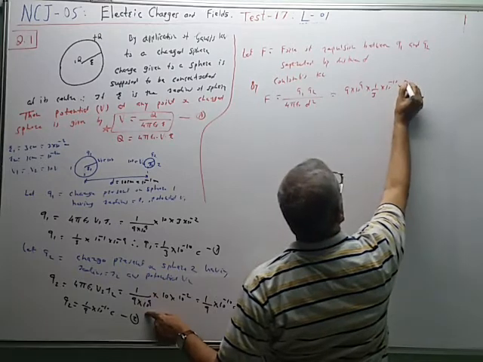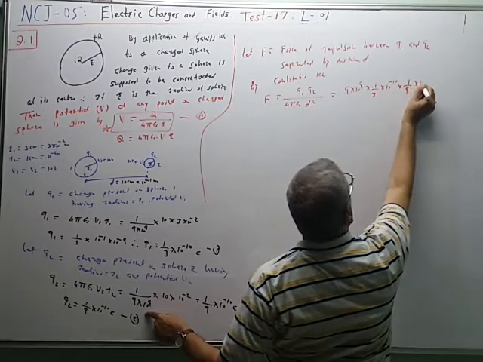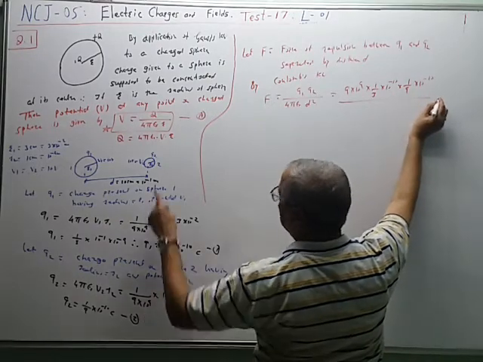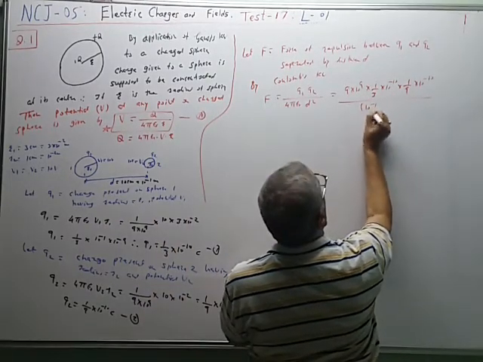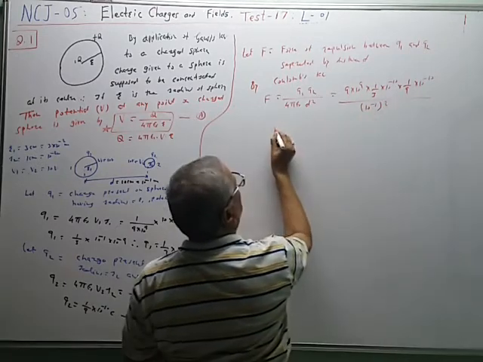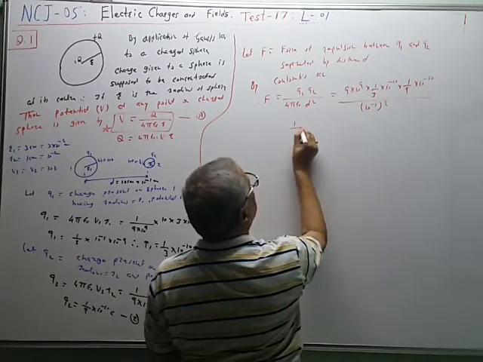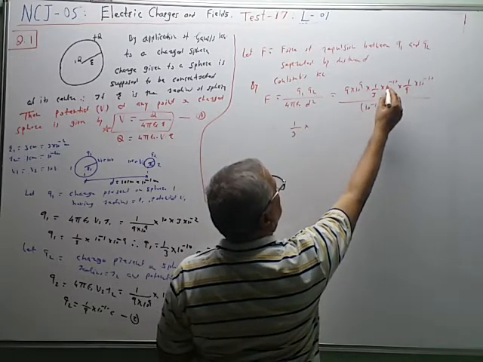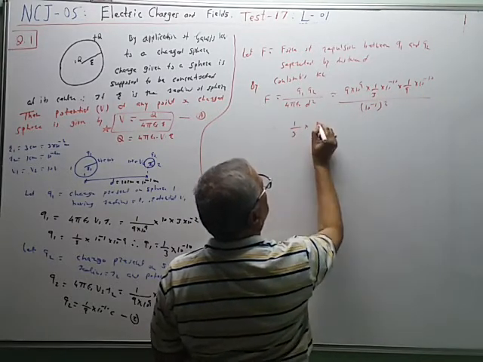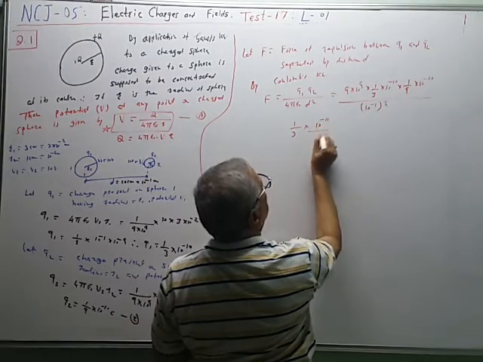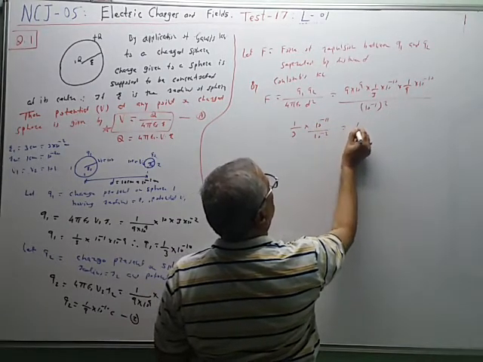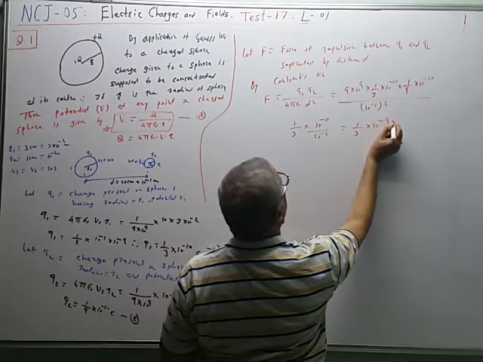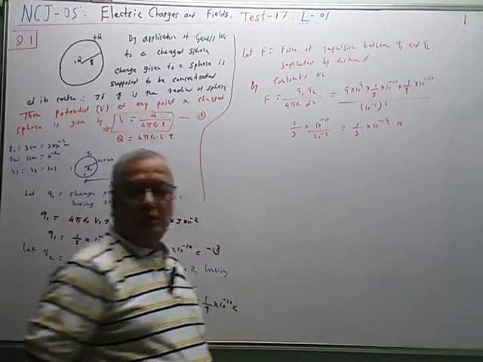Q2 is equal to 1 by 9 into 10 raised to minus 10, upon D, which is 10 raised to minus 1, bracket square. So this 9 will get cancelled. So 1 by 3 into, this is 10, 10, 20. So this is 10 raised to minus 11 and this is 10 raised to minus 2. So 1 by 3 into 10 raised to minus 9 Newton. This is the answer.